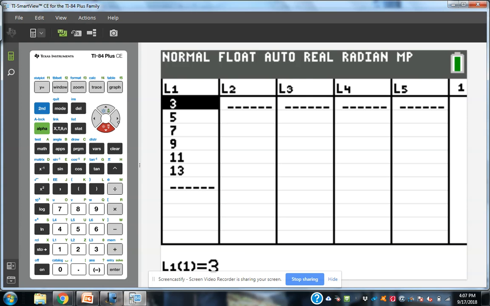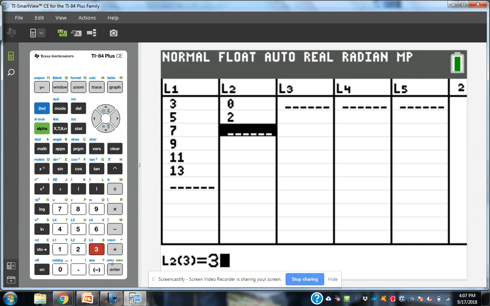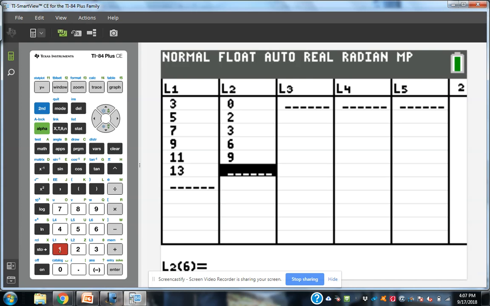And then over here in list 2, I'm just going to press the right arrow key to get over there. I'm going to put the Y values, and I'm going to be careful to make sure that I put the right Y value with the right X value because we're dealing with ordered pairs, so it matters. 0, 2, 3, oops, nope, 6 goes first, and then a 9, and then an 11.